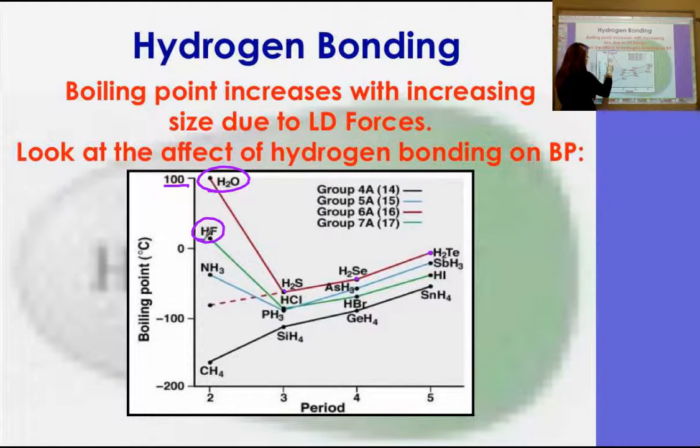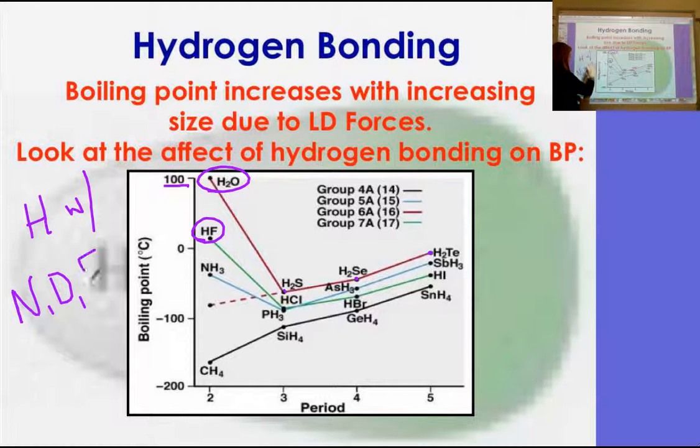If you compare HF, remember hydrogen bonding has to have hydrogen with a nitrogen, oxygen, or fluorine. Here it is with a fluorine compared to a chlorine, bromine, or iodine. Fluorine is much higher. Here it is with a nitrogen compared to a phosphorus or an arsenic or an Sb, an antimony. Again, still much higher.